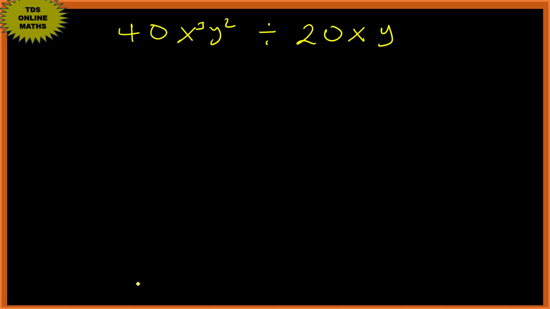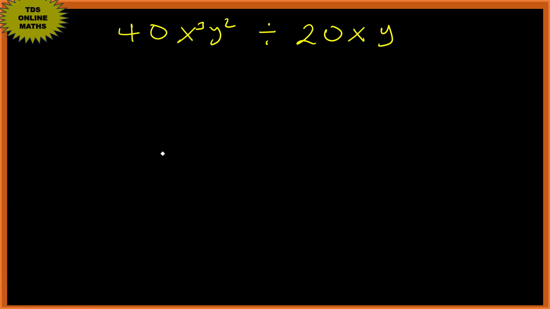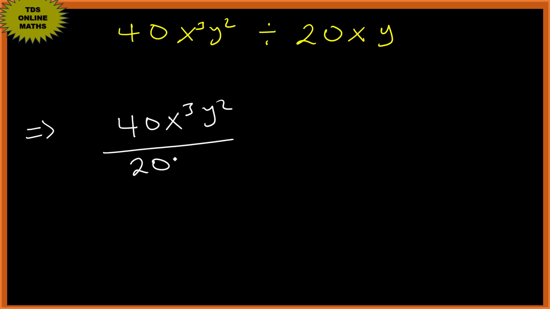Now if we are asked to divide this, this one is very simple. You can rewrite this as 40x cubed y squared on 20xy.